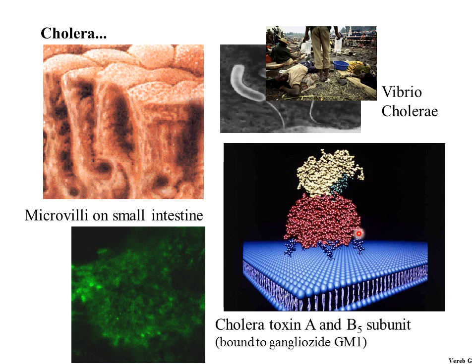And where this B5 subunit binds is on the membrane of the microvilli of the small intestine, shown here on this image. And in the membrane there are clusters of GM1 gangliosides, which you see on this fluorescent picture here.